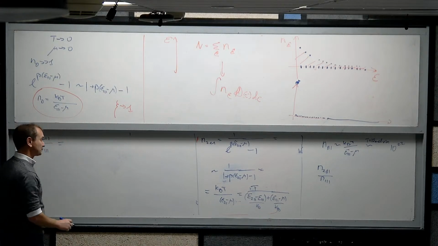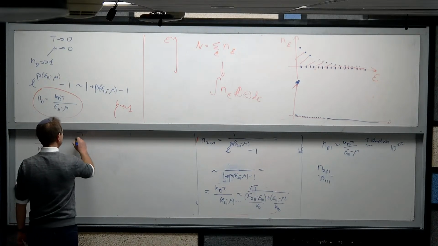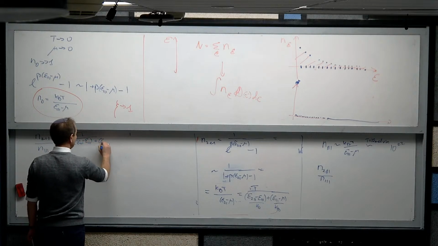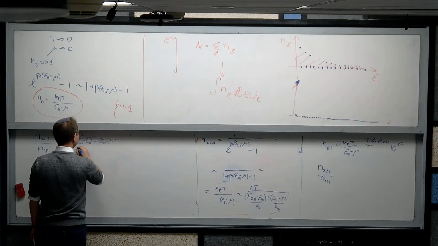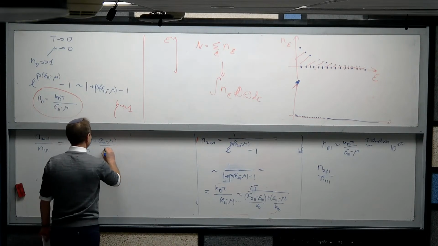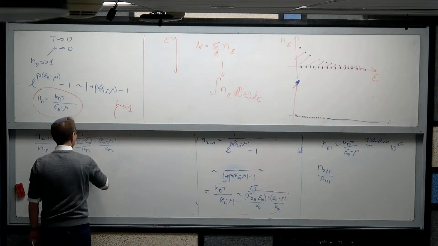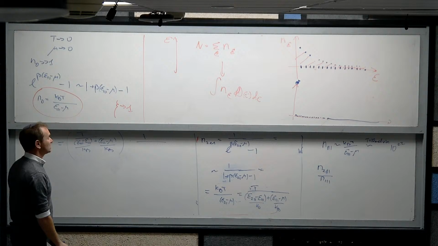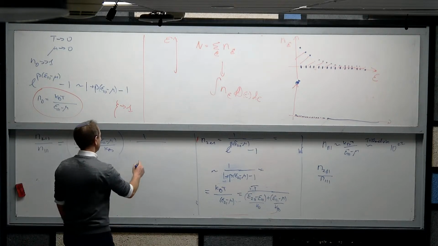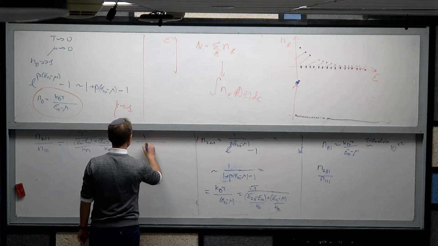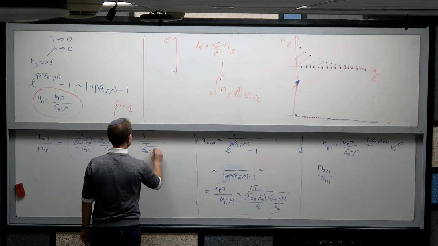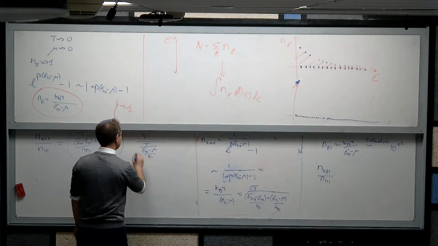It is T divided by epsilon 211 minus epsilon 111 plus epsilon 111 minus mu, divided by k Boltzmann. All of this multiplied by 1 over n111, which was T divided by epsilon 111 minus mu, divided by k Boltzmann.